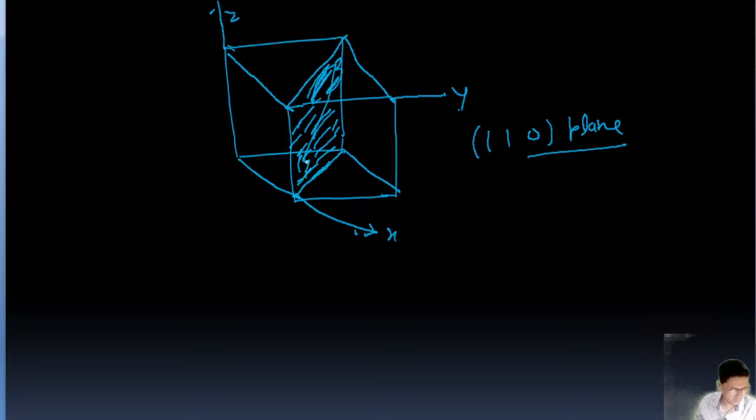Here you can see this plane is parallel to the z-axis, and it is intercepting x at A and y at A as well. So this is the 1 1 0 plane.